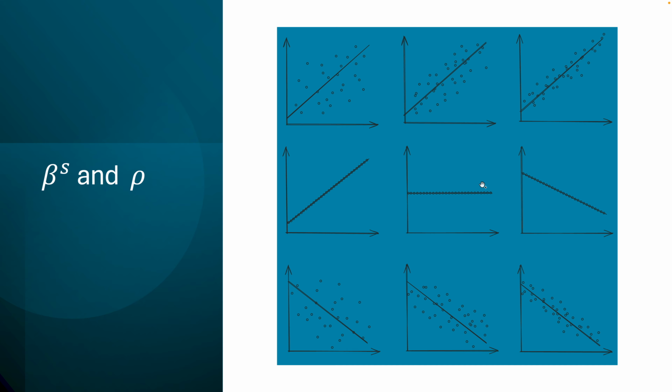Here it is 1, here it is 0, here it is -1, and the error in the estimation of beta is also 0. So here we don't have any error at all. And similarly, we have this case where we have negative betas and different rhos.